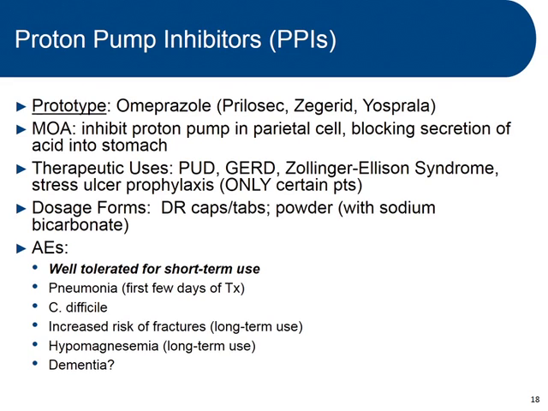Omeprazole or Prilosec is our prototype. These drugs, as I already mentioned, inhibit that proton pump in parietal cells, and that blocks or dramatically reduces the secretion of acid into the stomach.